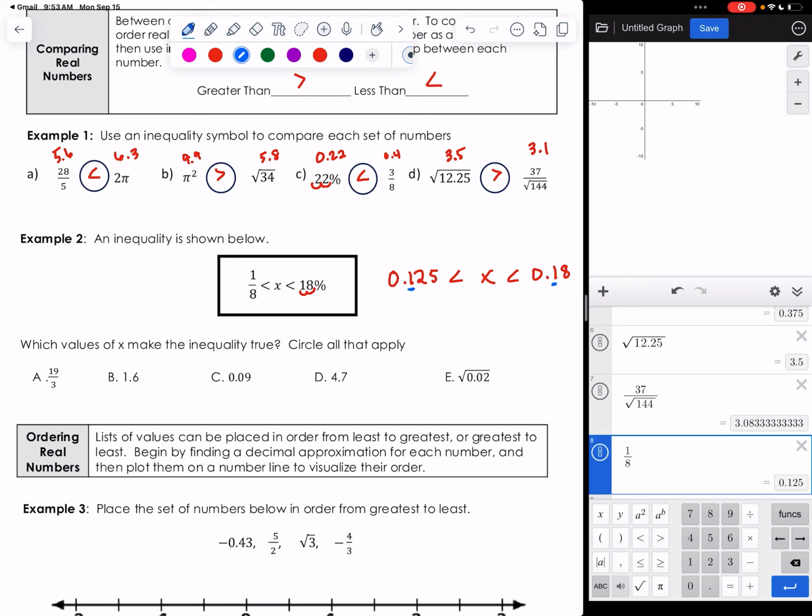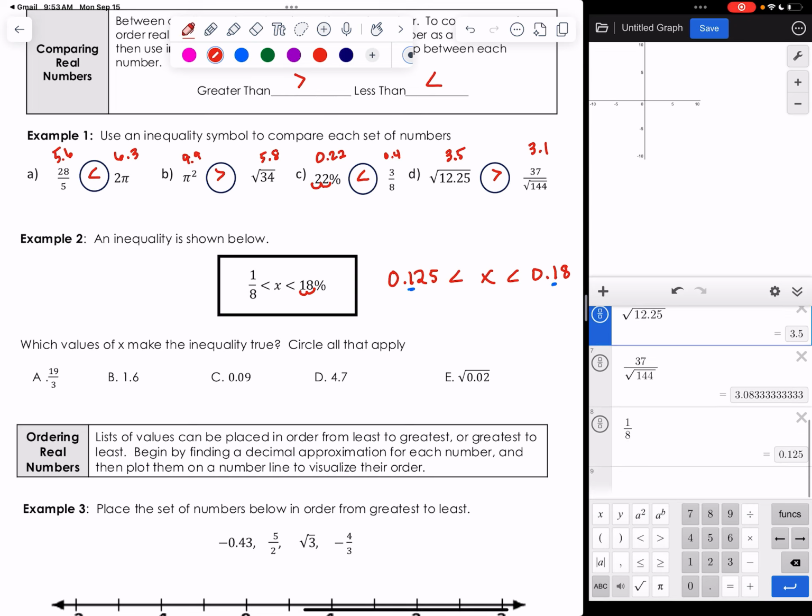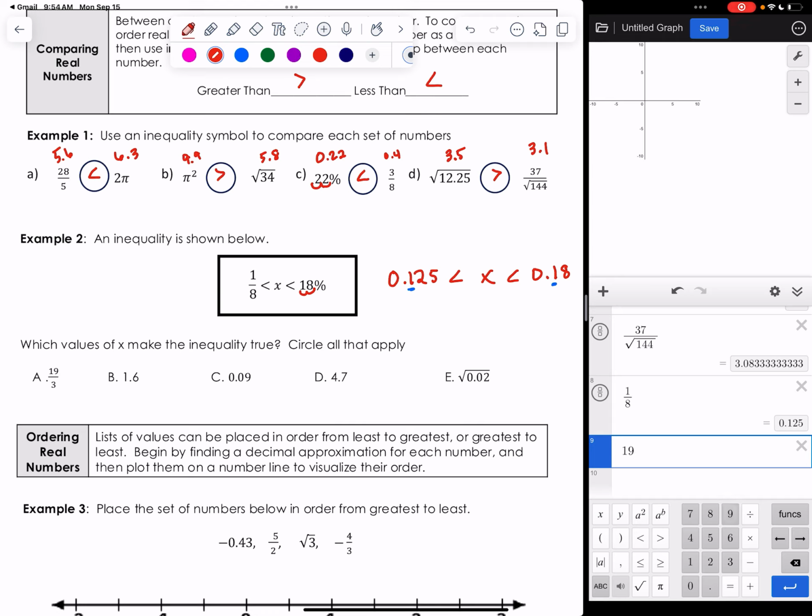All right, so let's start with 19 over 3. I want to approximate 19 over 3 on my calculator. So I'm going to put 19 divided by 3, and that gives me approximately 6.3. There's no way 6.3 is between 0.125 and 0.18.